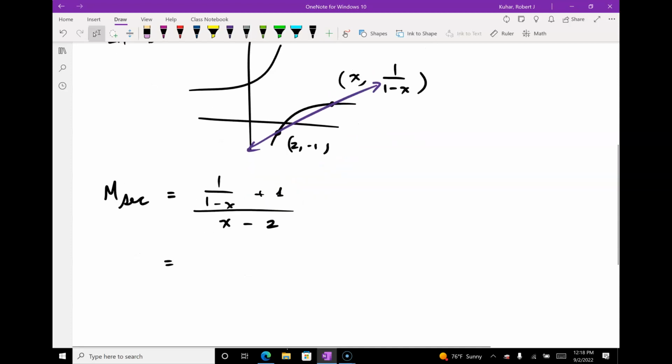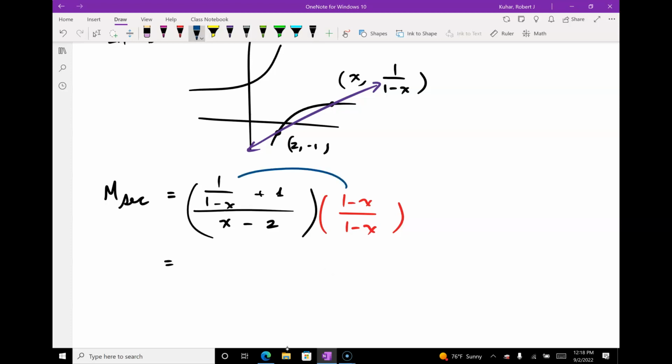So I want to simplify this. What am I going to do here? Do I have fractions within fractions? What's my only interior denominator? 1 minus x, right? So I'm going to multiply this by 1, using the LCD of the interior denominators. This is going to get multiplied to the numerators, right? So I get 1 minus x over 1 minus x.